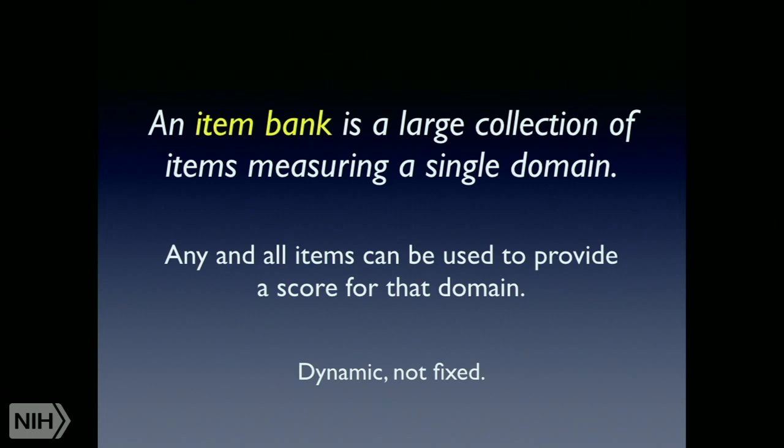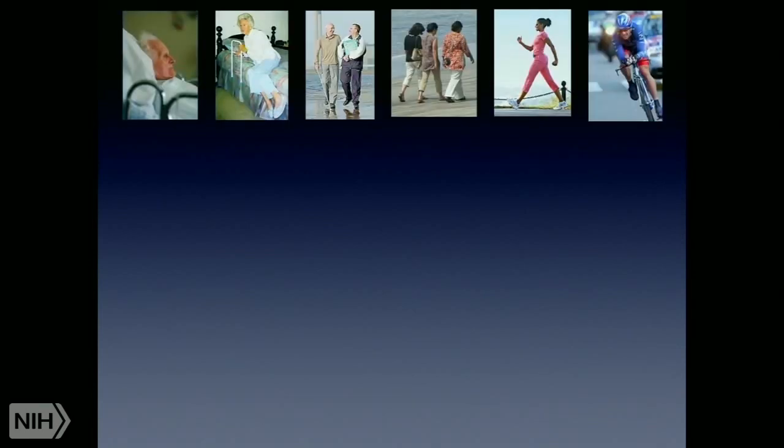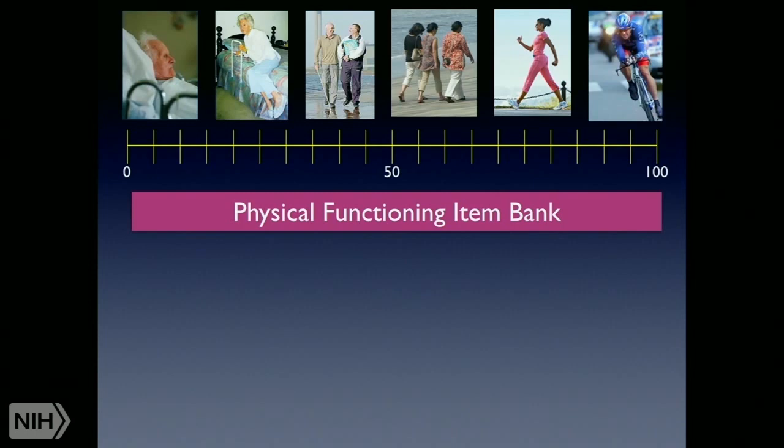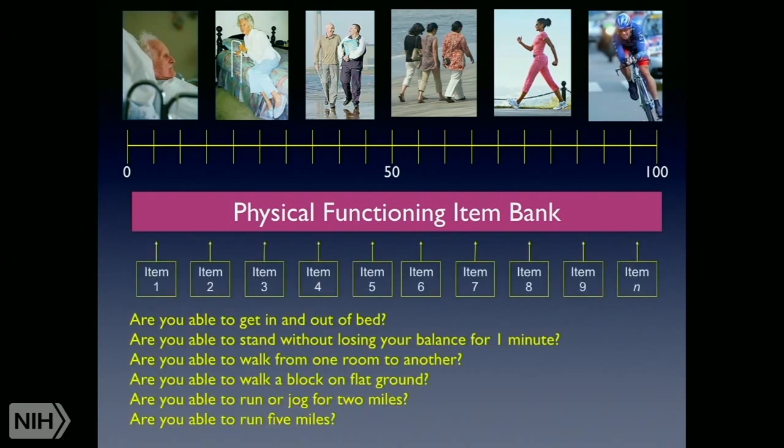Right? Let's look at an item bank for the domain of physical functioning just as an example here. Okay, so we know there's this range of physical functioning out there in the world. We know that we would like to systematically measure that range. And so to do that, we will create an item bank for physical functioning. In this case, the item bank is a collection of items that all measure physical function. Okay? And so we've got examples here.